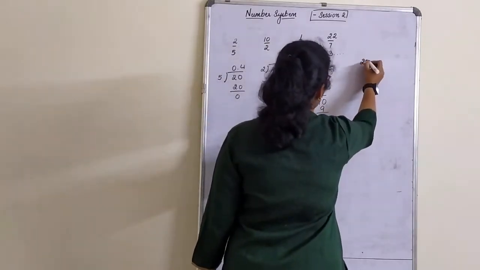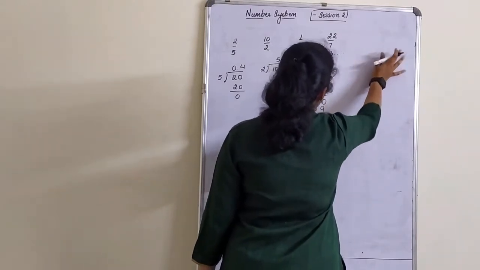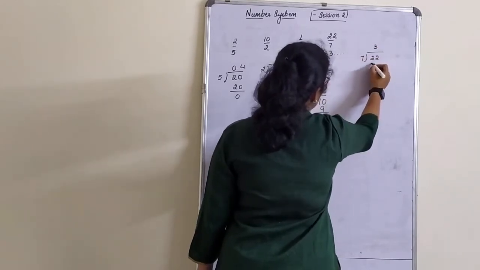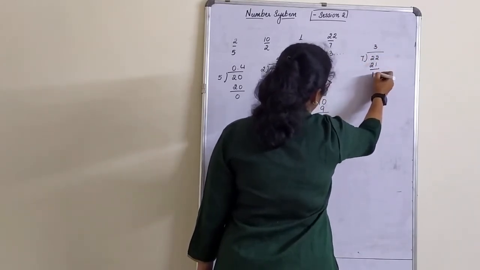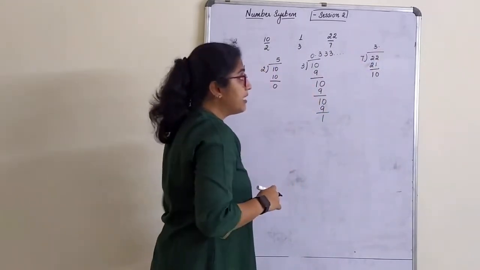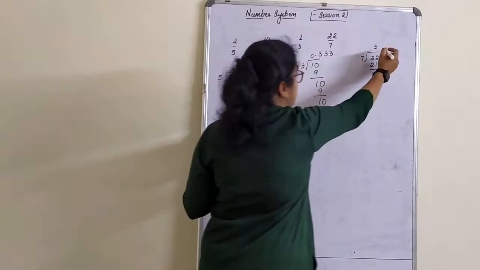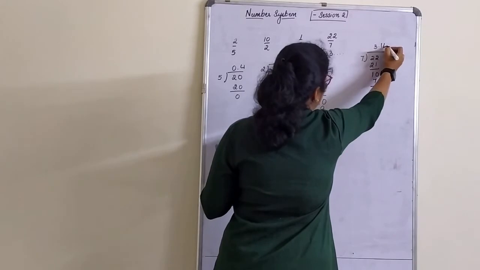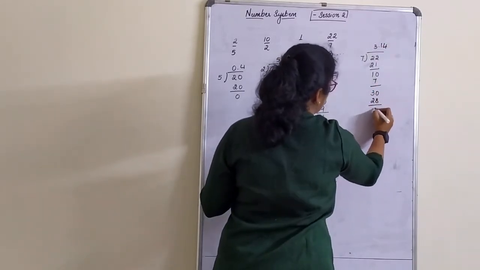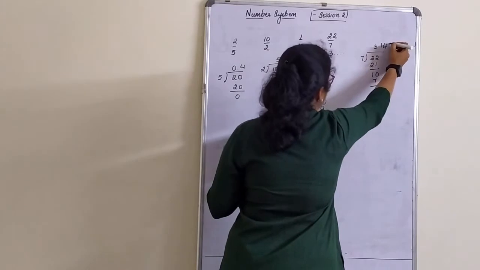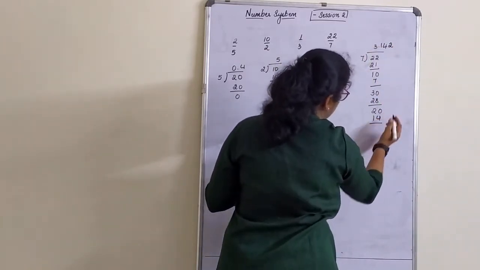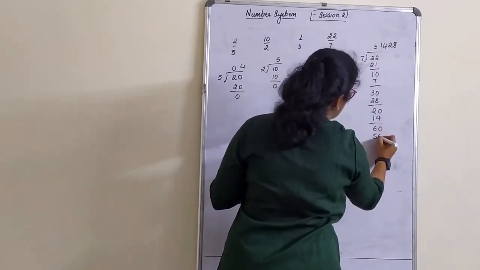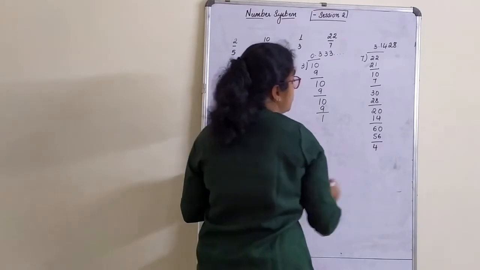The last number, what is this? 22 by 7. It is the pi value. We all know that. 22: 7 3s are 21, so remainder 1, 0. I'll take the point and a 0 because I want to divide further. 7 1s are 7, remainder 3, 0. 7 4s are 28, remainder 2, 0. 7 2s are 14, remainder 6, 0. 7 8s are 56, 4, 0.